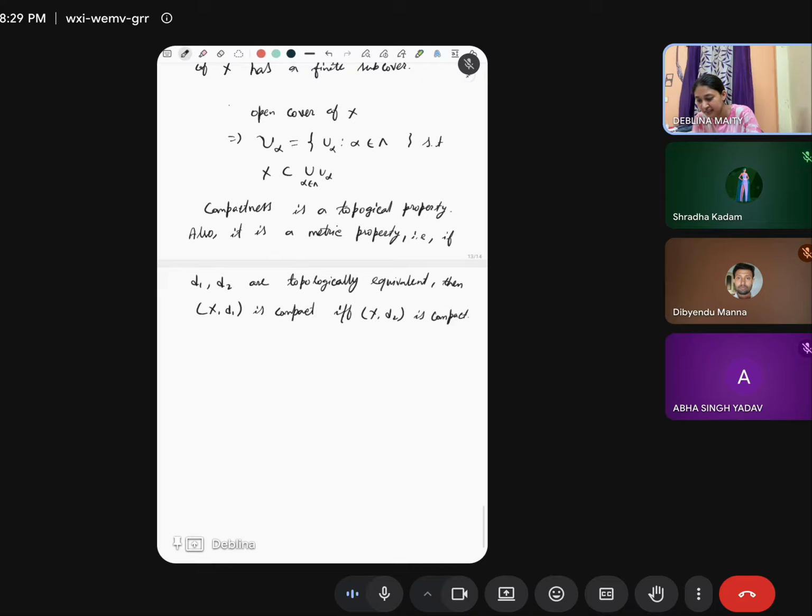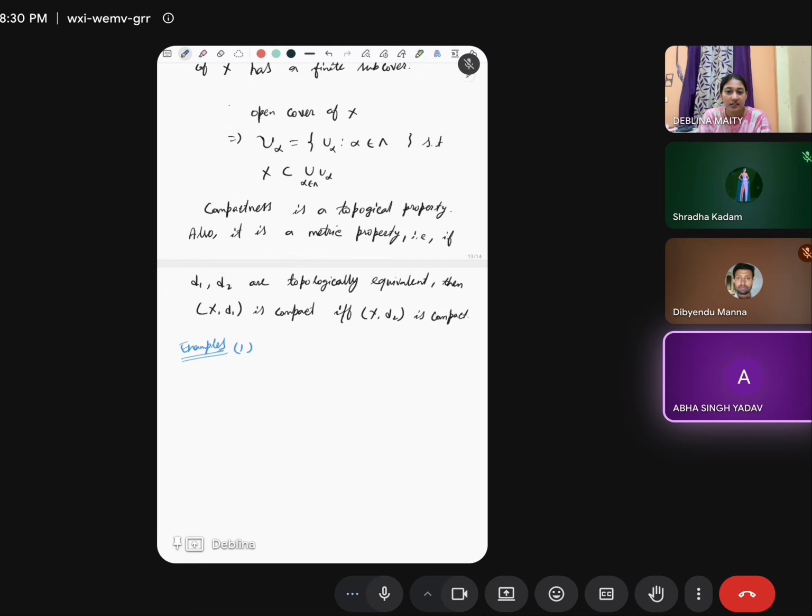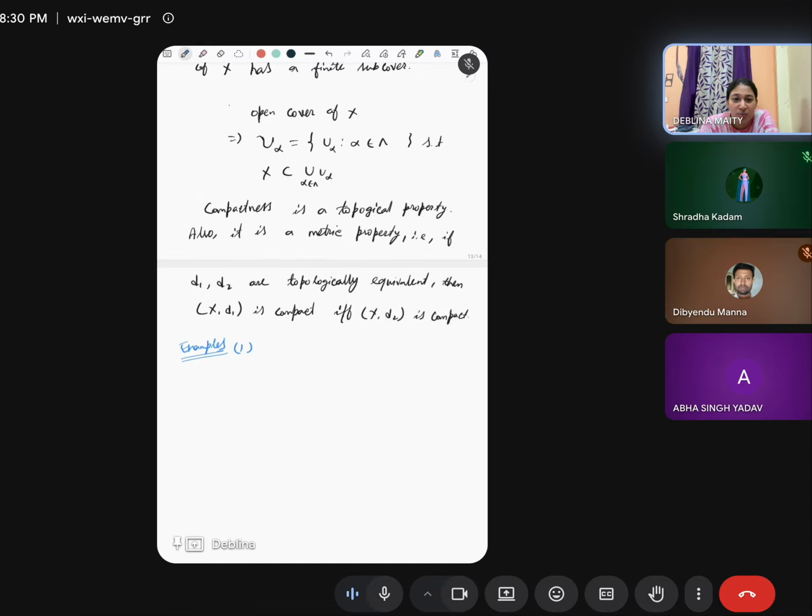Okay, let's see some examples. Ma'am, I often get confused when I study topology, with open cover and open base, open balls or open base.